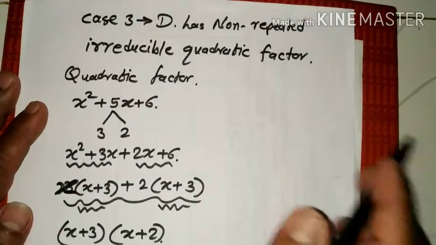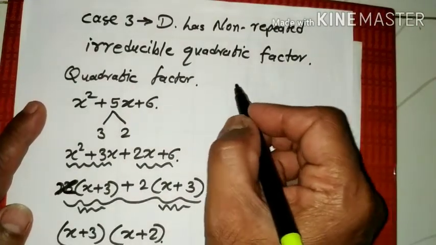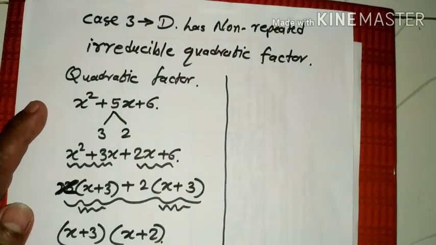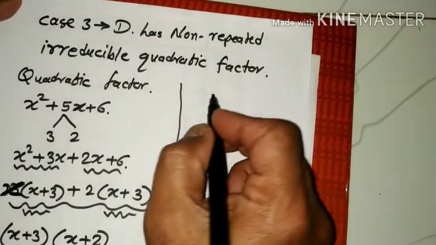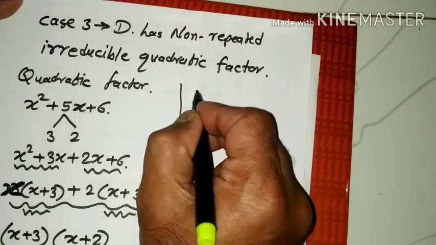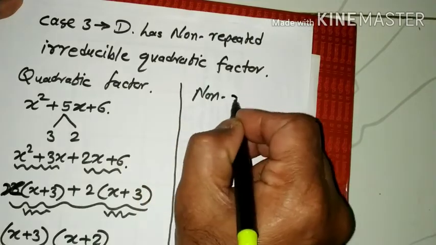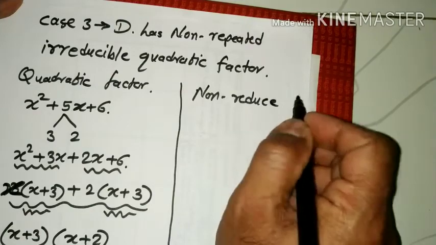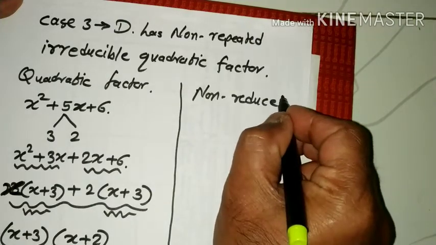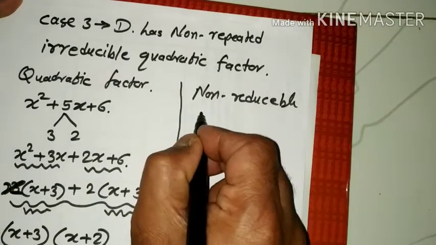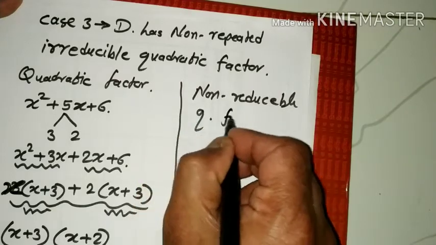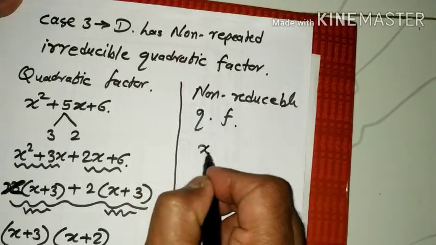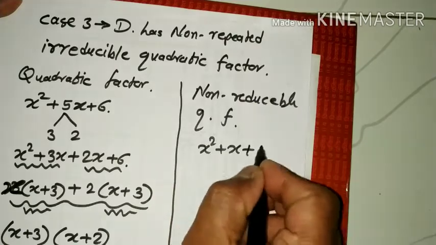But some quadratic equations have no reduction, they are non-reducible quadratic factors, such as x square plus x plus 1.